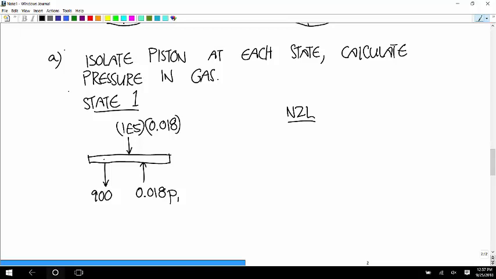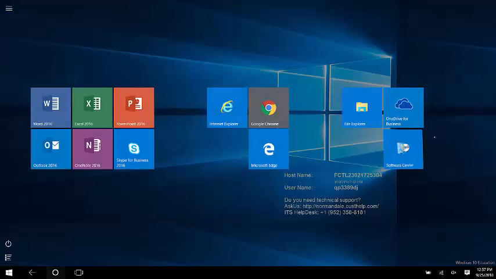And so Newton's second law says 0.018 P1 minus 900 minus 1800 is equal to 0.